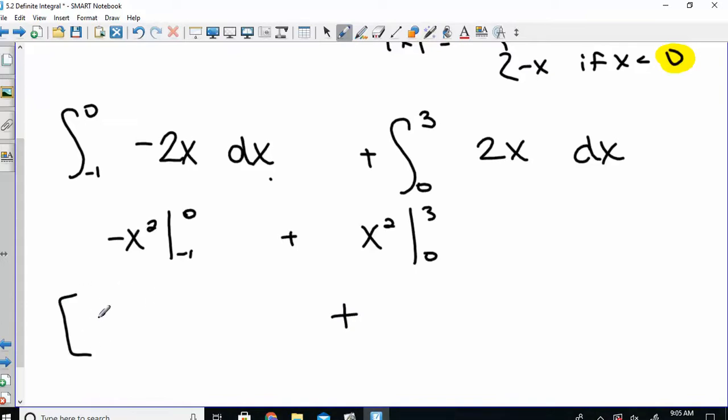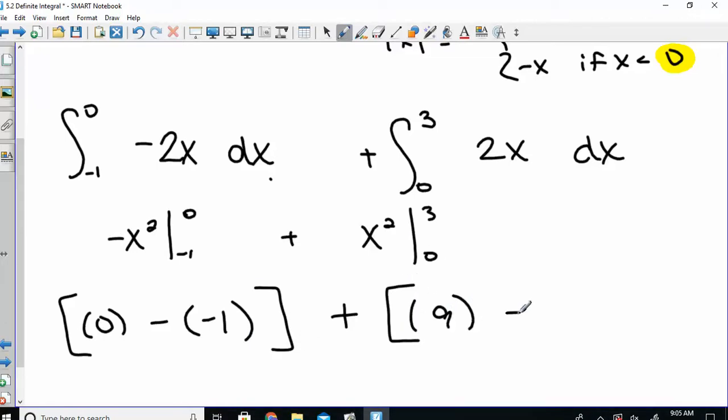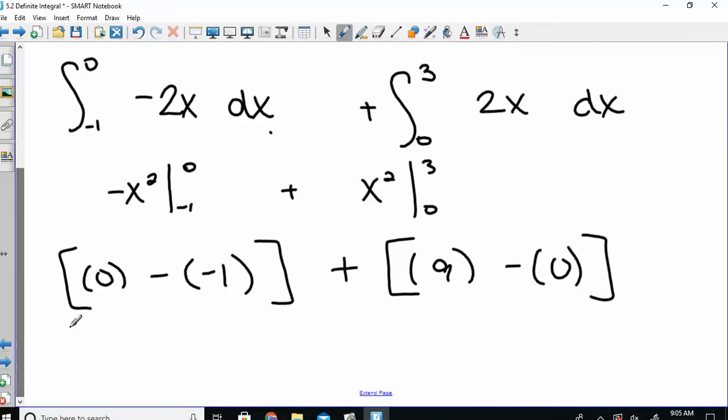Alright, so over here, if I put in a 0, we get a 0, minus, if you put in negative 1. Negative 1 squared is 1, opposite of that would be a negative 1. Okay, over here, 3 squared is 9, minus 0 squared is 0.